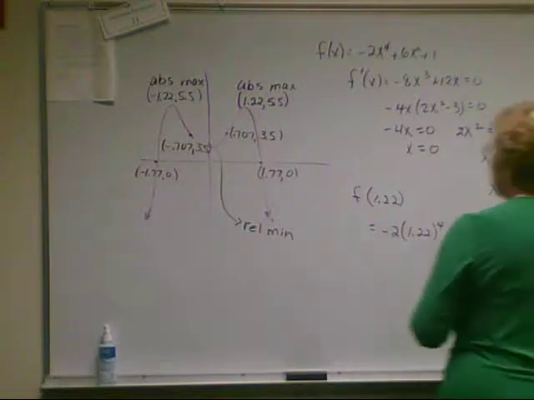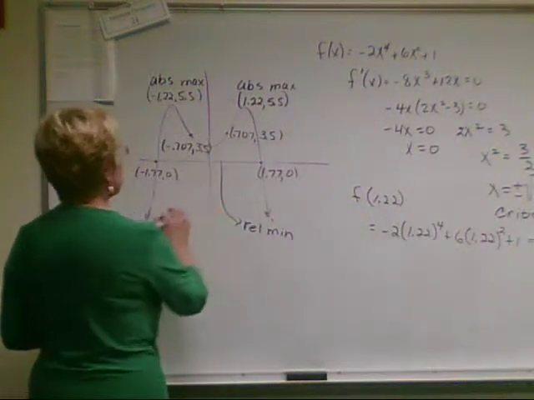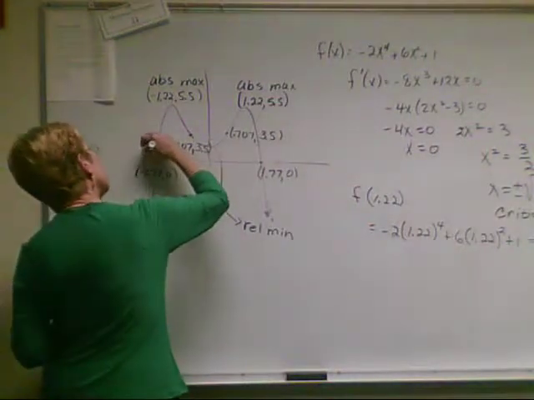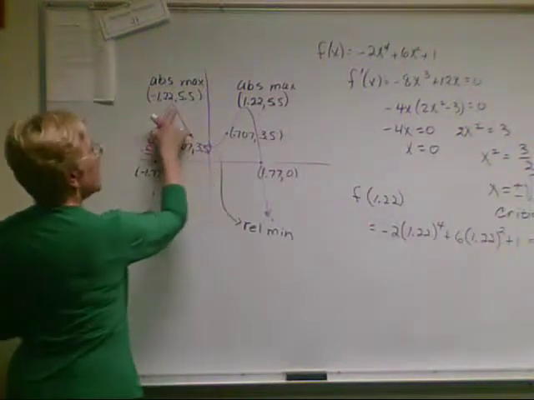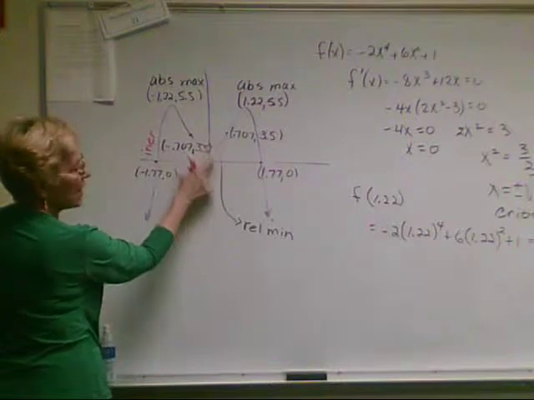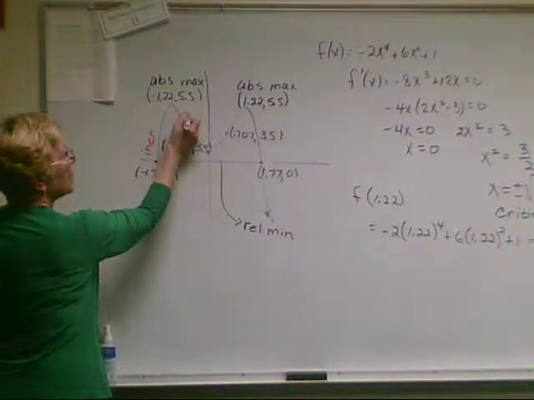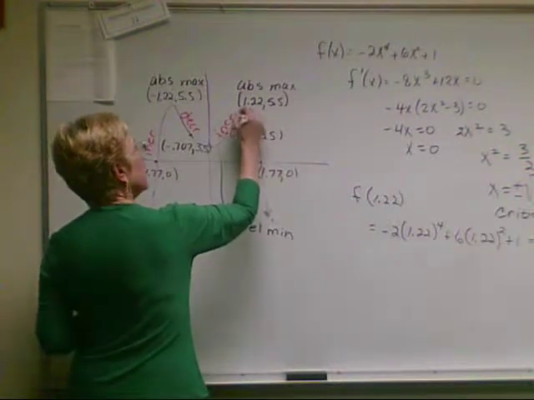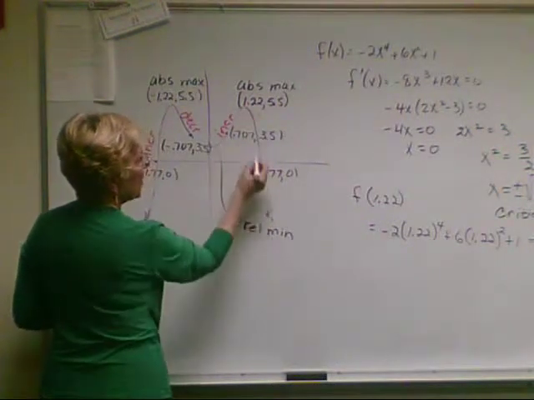We could say that it's increasing up until the max, so increasing here, and then it's going to decrease down to this relative min, increase again, and when it gets to the other max, turn down and be decreasing.